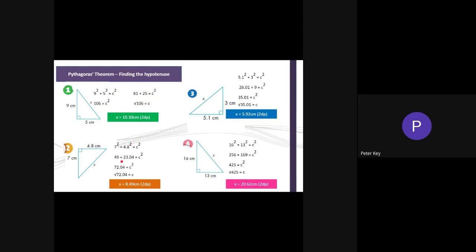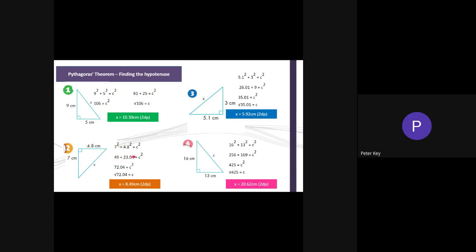The second one, we've got 7 squared plus 4.8 squared equals c squared. Now, again, this is something that will be on a calculator paper because we've got that decimal point there. So your 7 squared will be 49 plus your 4.8 squared, which will be 23.04.